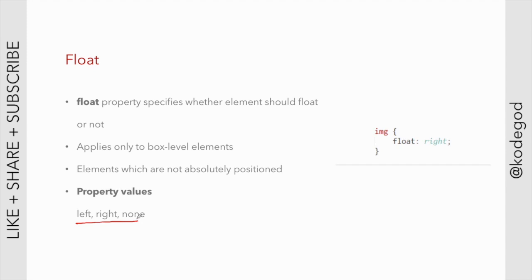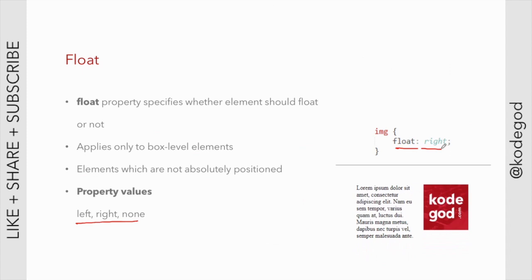You can write it like this: we can just specify float and specify right. This is one example where we have this particular element and one image, and when I specify float: right, then this image is floated on the right hand side. So, fairly simple to use.